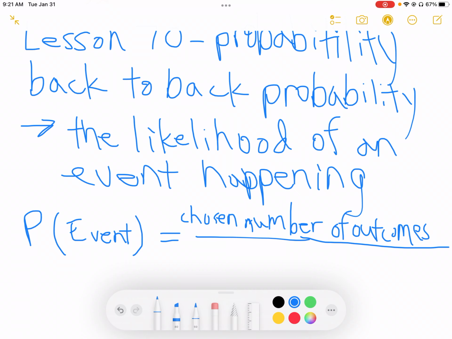And then on the bottom, total possible outcomes. So chosen number of outcomes divided by the total possible outcomes.